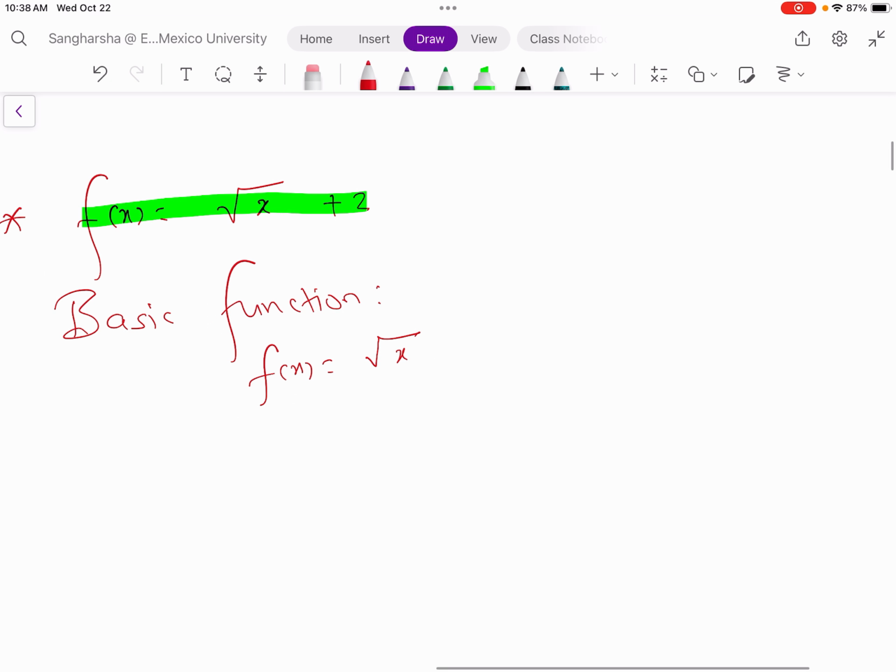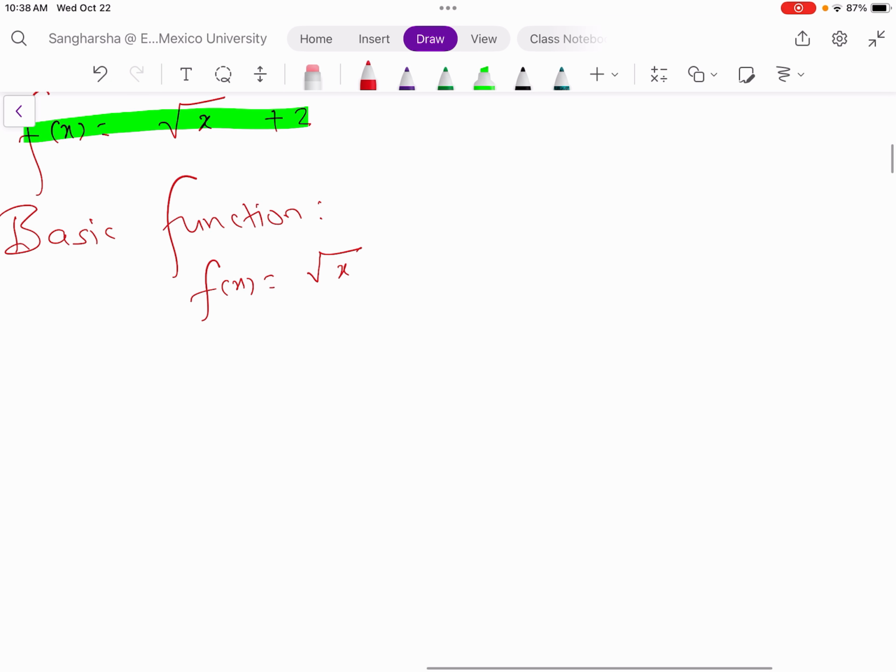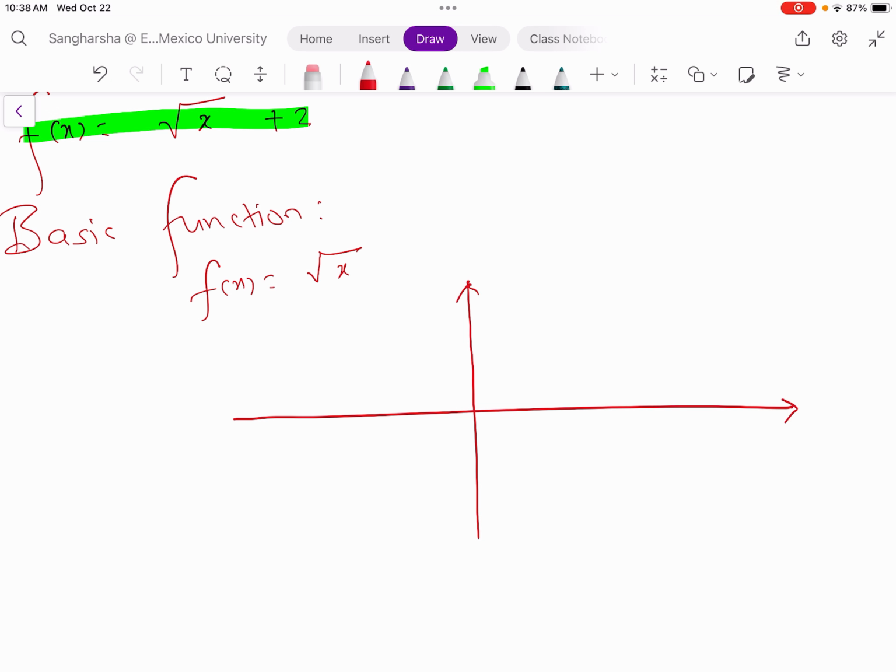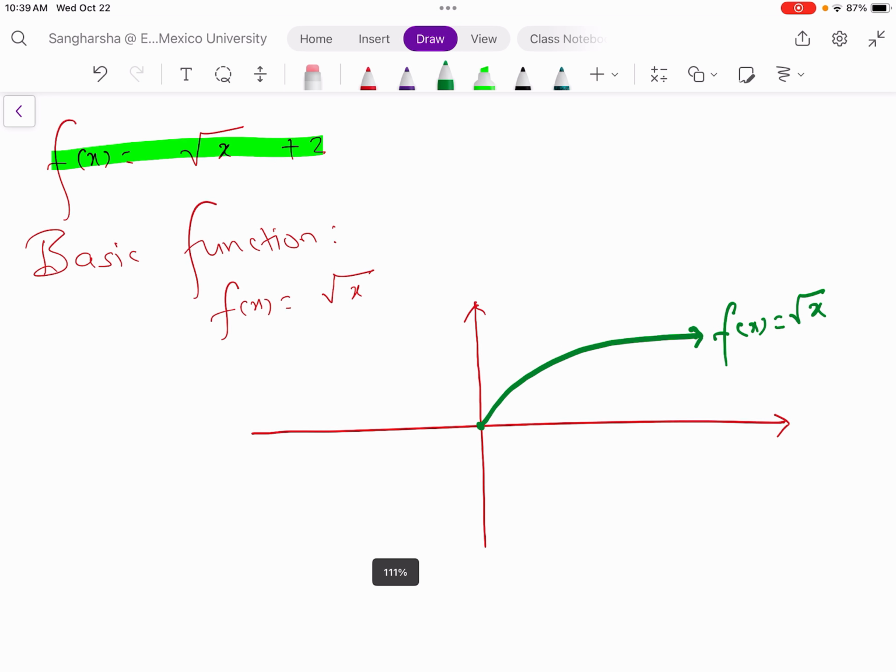So let's draw a graph of this basic function, and you should know the graph of this basic function even without using our points here. This is a square root function, and the square root function has a graph that starts from the origin, and this is the graph for our basic function f of x equals square root of x.